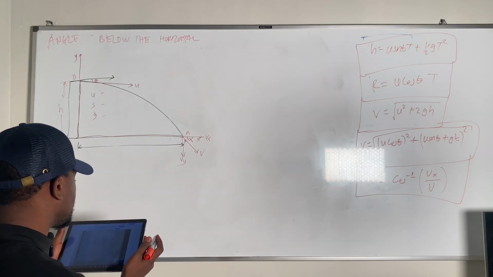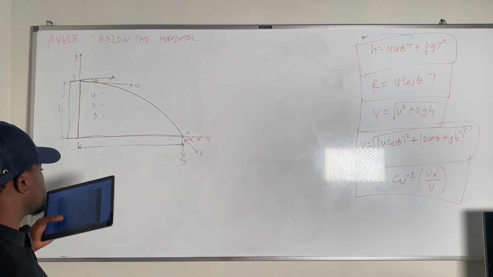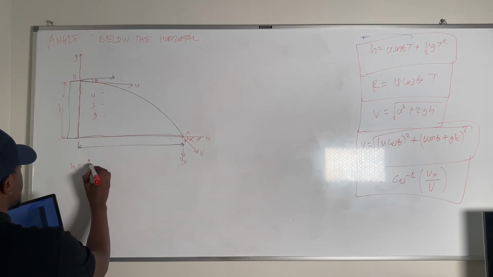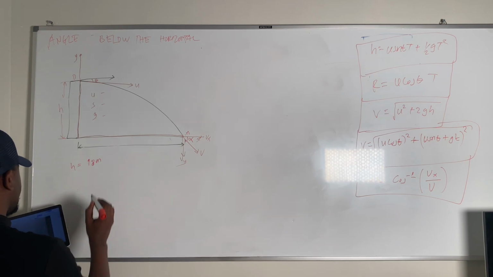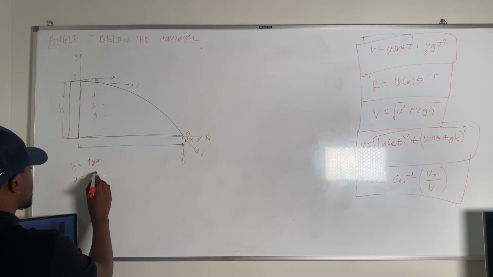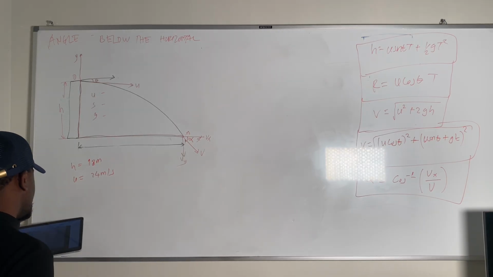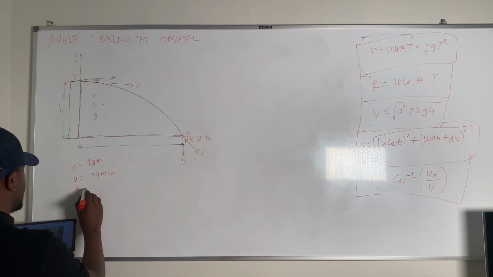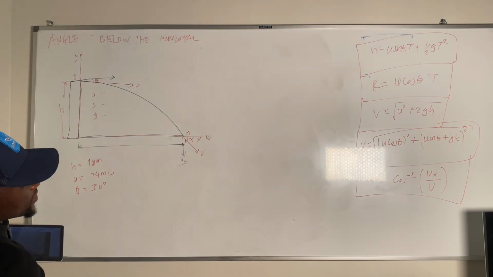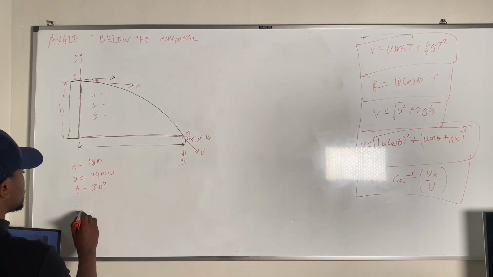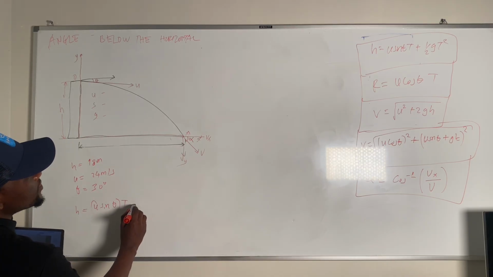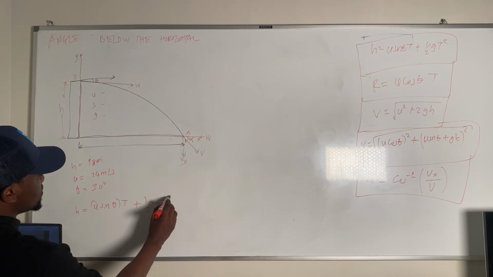So the first example is we have a stone which is thrown from a cliff. The cliff's height is 98 meters, with a speed, initial velocity u, equal to 24 meters per second at an angle of 30 degrees below the horizontal. We have to find the time taken. From the expression of t, we have h is equal to u sine theta into t plus half g t squared.